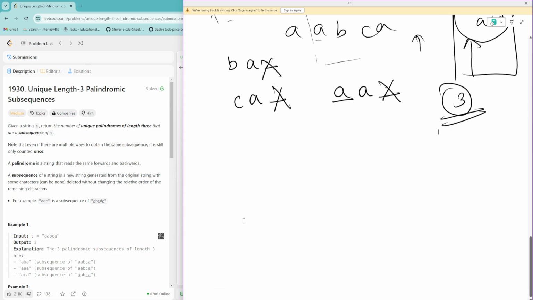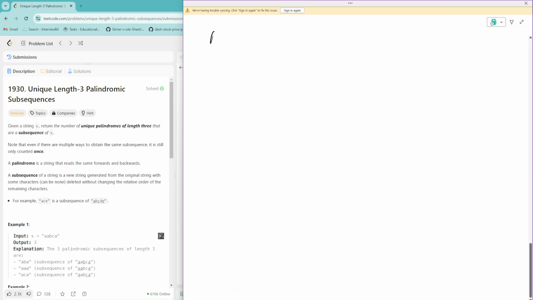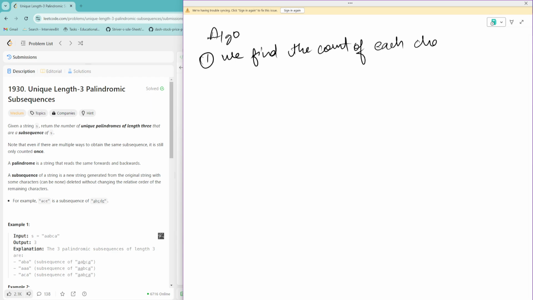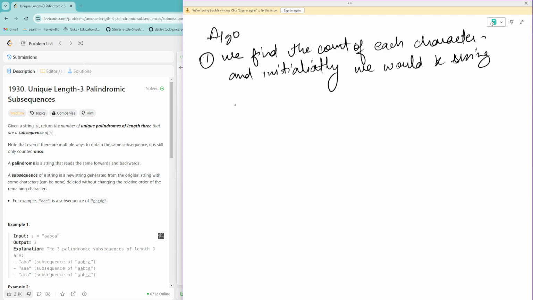So our algorithm is basically: we find the count of each character, and initially we would be using a suffix for it.